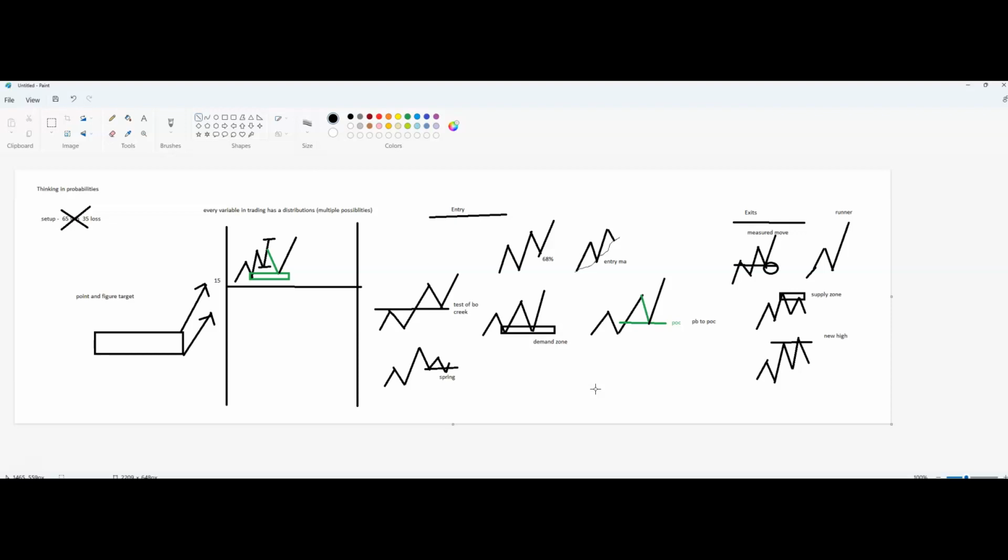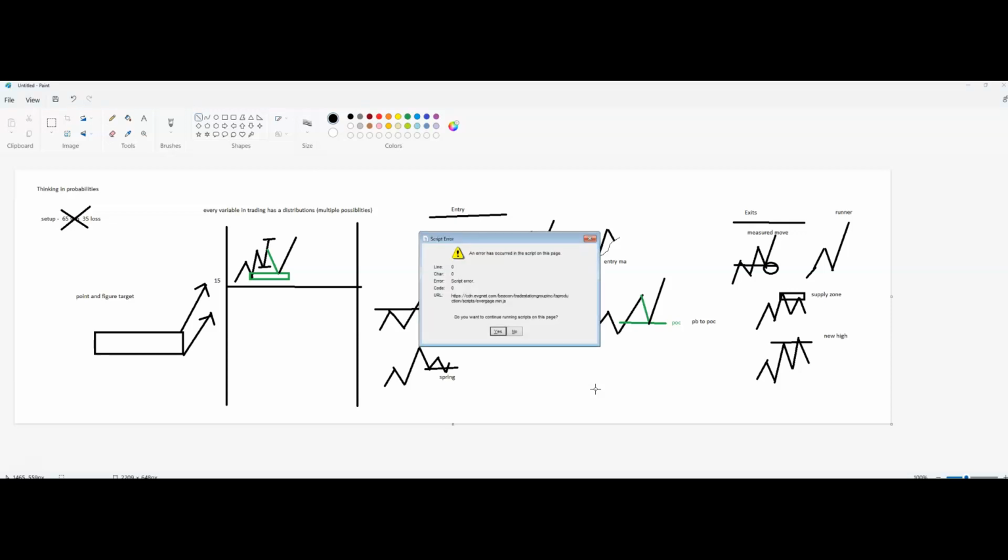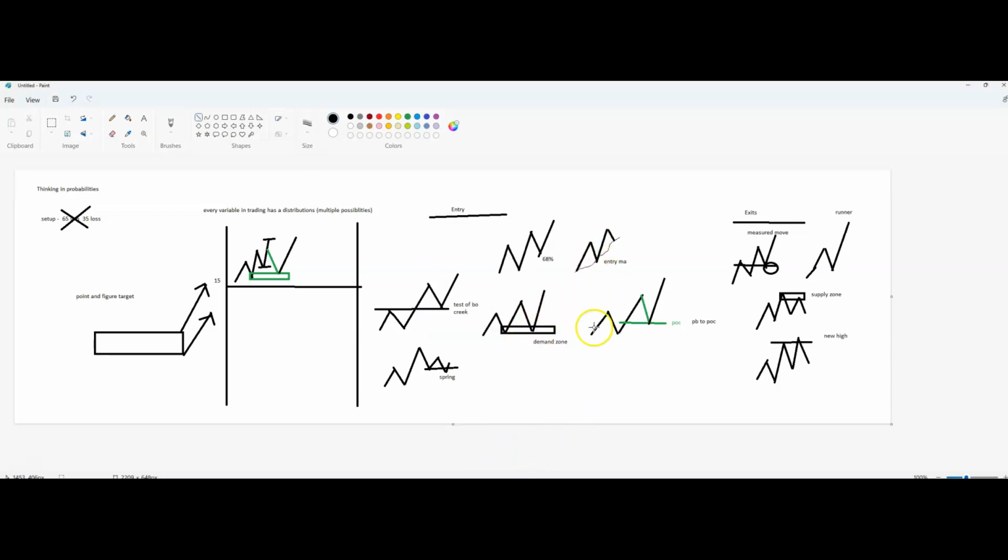because all those entries fit in different categories. Some of those winners pulled back to test the breakout where there was an entry. Some of those winners pulled back all the way to the demand zone when there were entries. Some of them went to the POC. Some of them just didn't even pull back. It was a very, very light pullback. Or some of them you had to enter on the breakout.